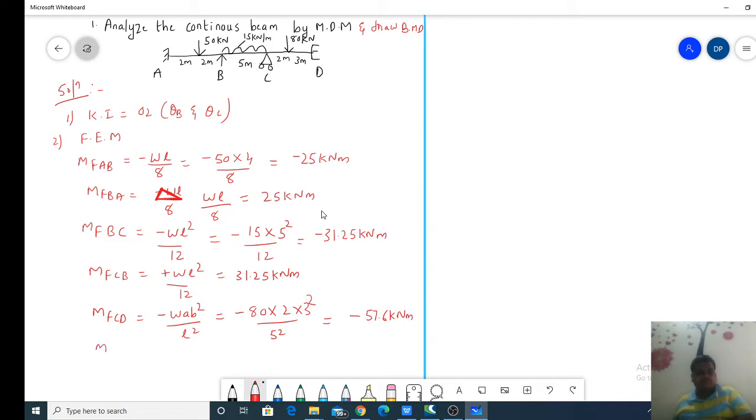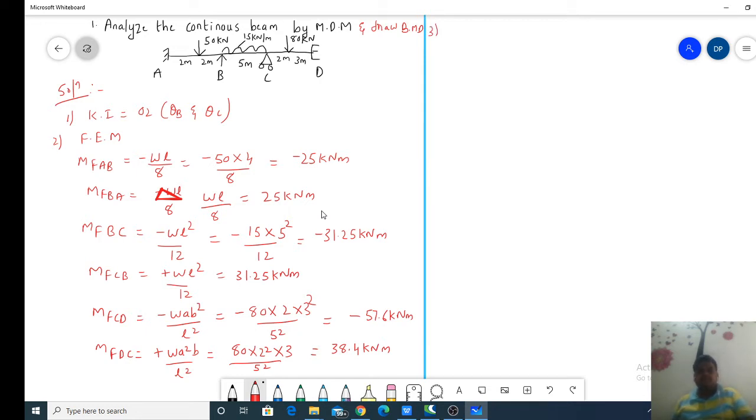Similarly MFDC will be plus W A square B upon L square, so 80, A is 2, B is 3, upon 5 square. This comes out to be plus 38.4 kilonewton meter. So these are the fixed end moments.